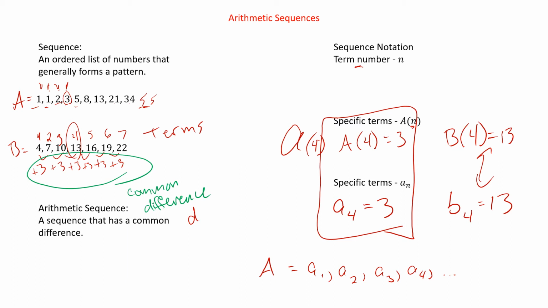And so one of the things that we're going to do is write formulas for our sequences. Now, we have two types of formulas that we use for sequences. We have recursive formulas and we have explicit formulas. A recursive formula is a formula that uses previous terms. A lot of times it's just the previous term, but it could use multiple previous terms.